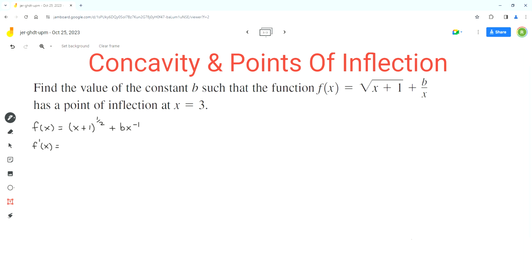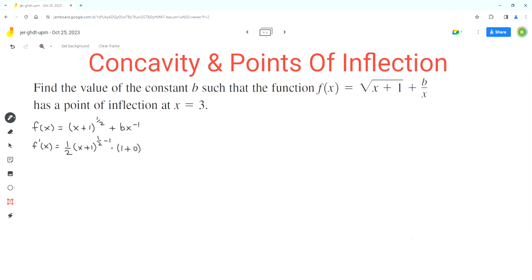We can move the exponent 1 over 2 to the front, and we subtract 1 from the exponent, times the derivative of the inner function. The inner function is x plus 1, so the derivative is 1 plus 0. 1 is a constant, so that's why its derivative is equal to 0.